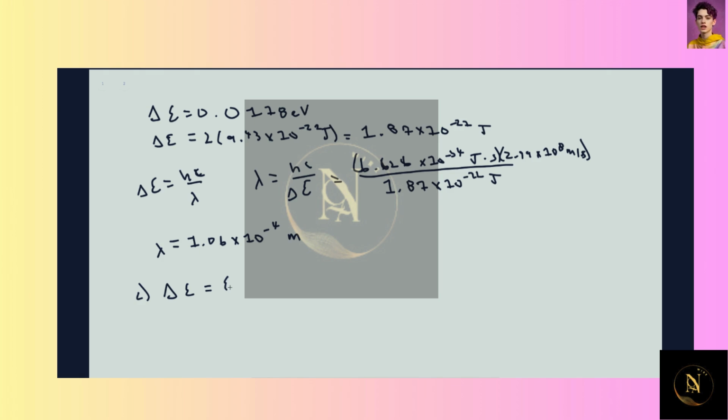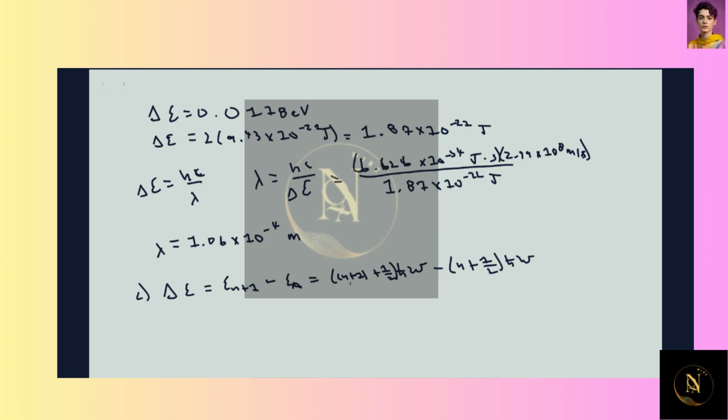So delta E is E sub n plus 1 minus E sub n, which is equal to (n plus 1 plus 1/2) h bar omega minus (n plus 1/2) h bar omega.